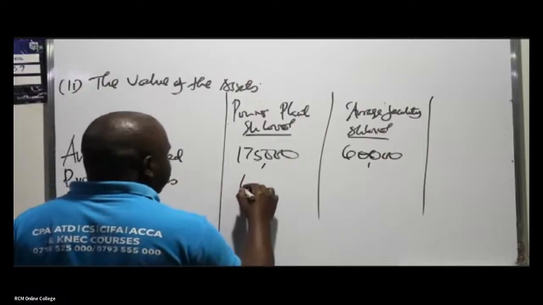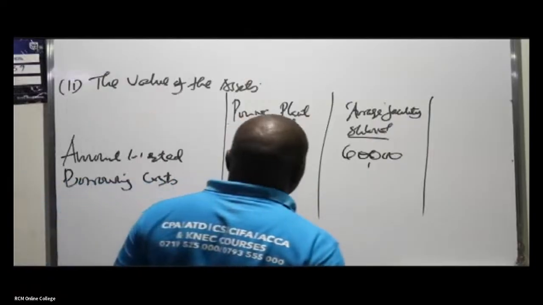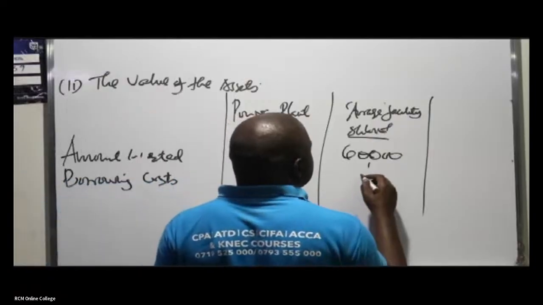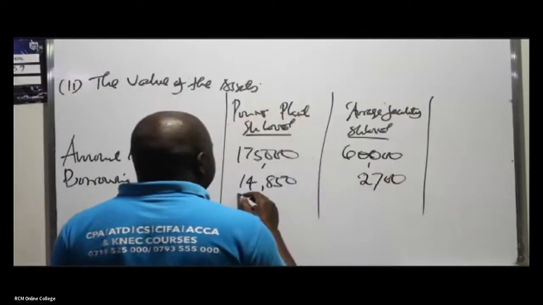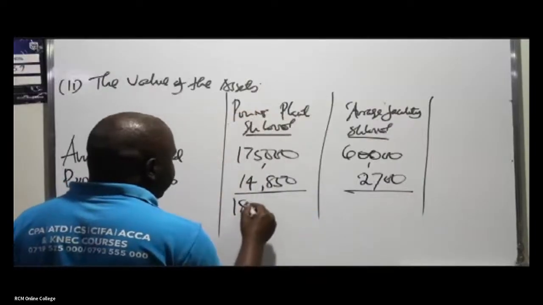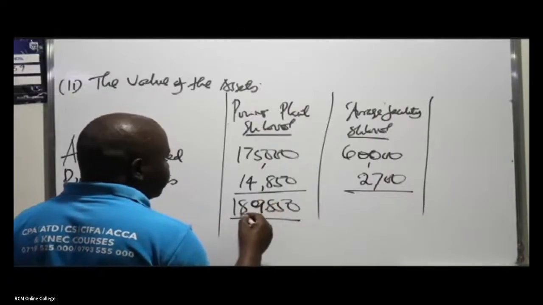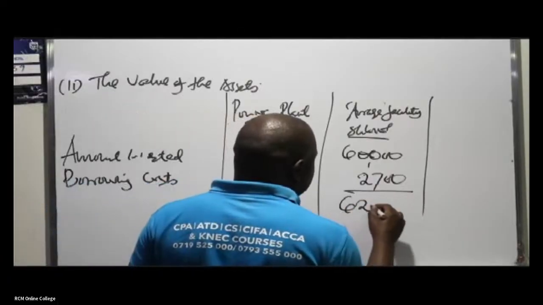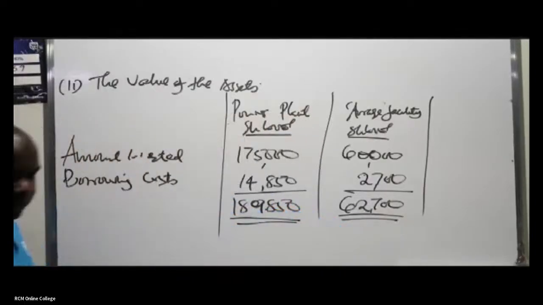For this one, it came to 14,850. And for this one, it came to 2,700. So you need to add the two. This one will be 189,850. This one will be 62,700.